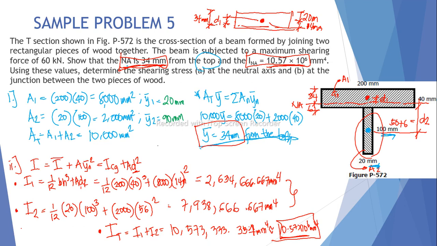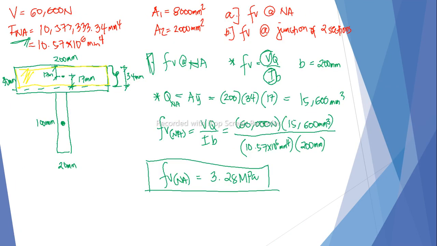We resolved the Y bar, or the location of the neutral axis along the Y axis. Since they have different shapes and positions, we got their transformed moments of inertia separately for rectangle 1 and rectangle 2, and then added them to get the total moment of inertia for the whole section.